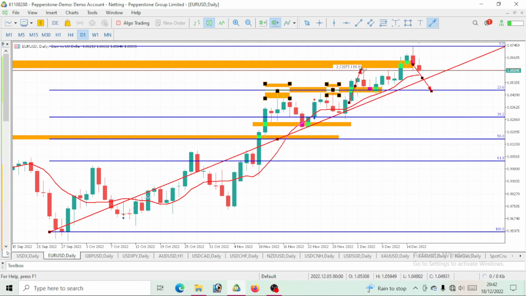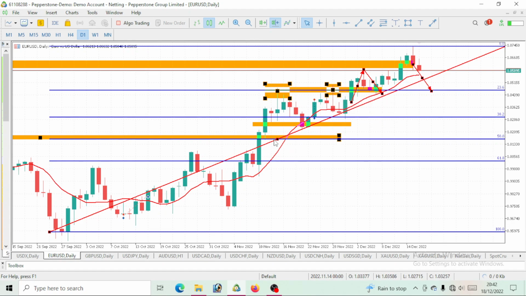Then when price went up, you see that price went up, right? Price gave us a pullback to test the same level, which is a level of 23.6 on our Fibonacci retracement, right? You see that price has reacted there at least three times, right?